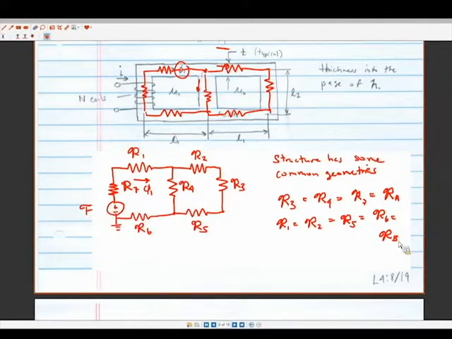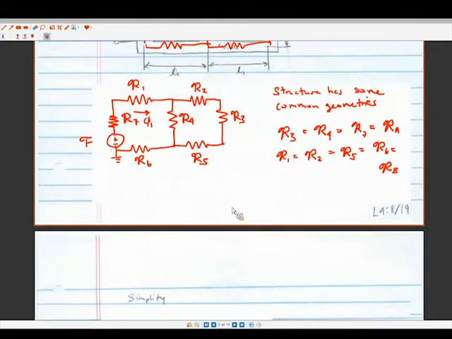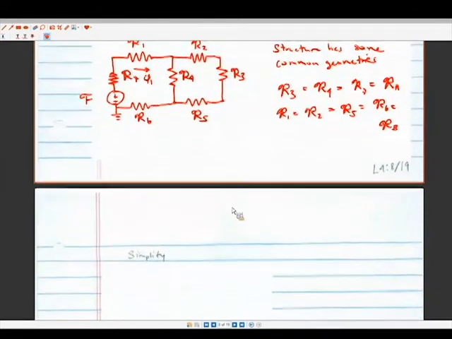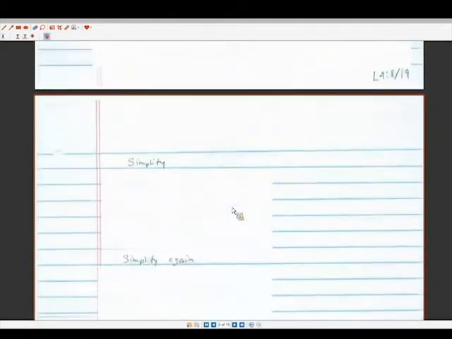So the first thing we can do, you'll note that R2 and R3 and R5 are all in series. So that's really the simplest place to start here. So we're going to combine the ones that are in series.